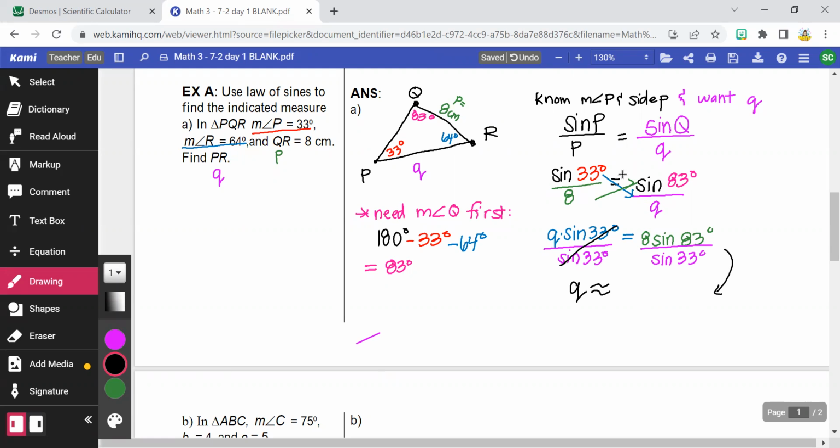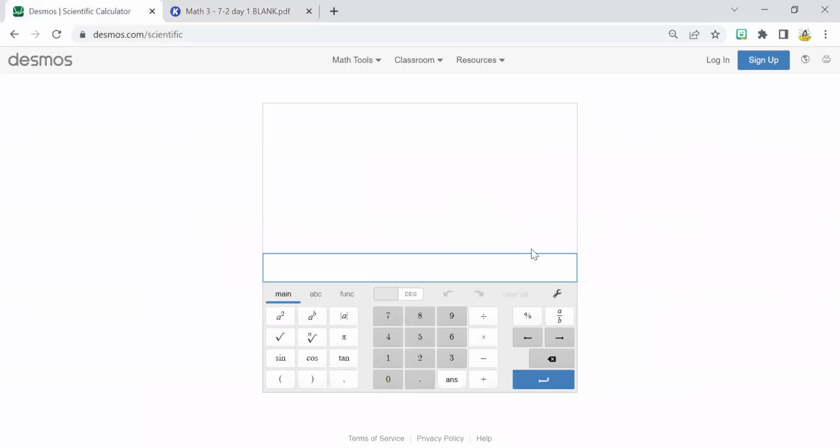I'm going to calculate this and round to the nearest tenth. Okay, so I'm approximating now. So I'm going to type that into the calculator. Remember that on Desmos, sometimes it's easy to make it a fraction when you know it's going to be. So we're going to type 8 sine of 83, close the parenthesis, move to the bottom, divided by sine of 33.